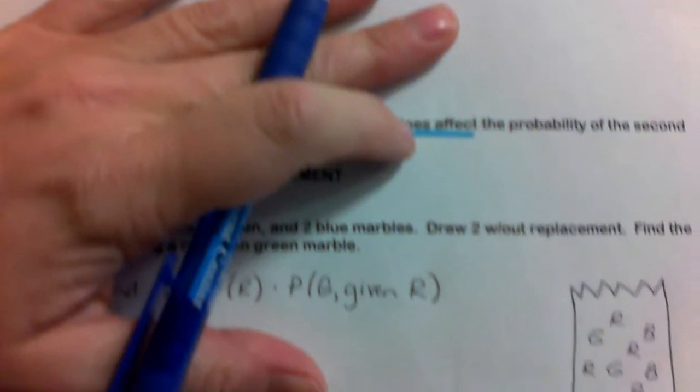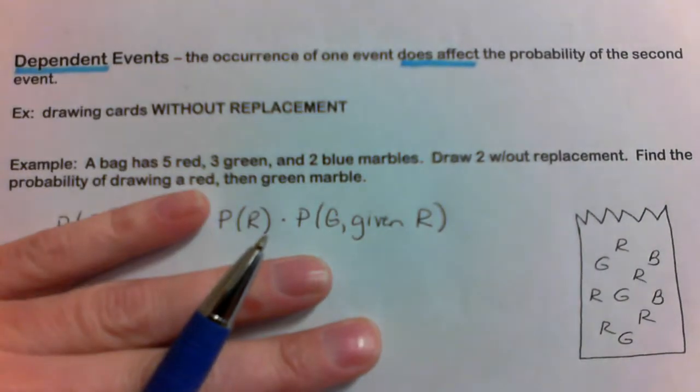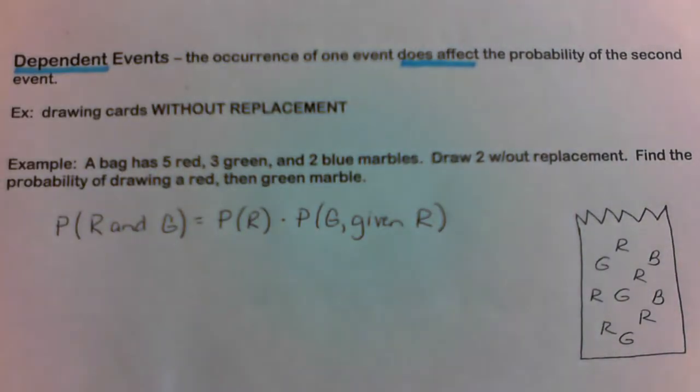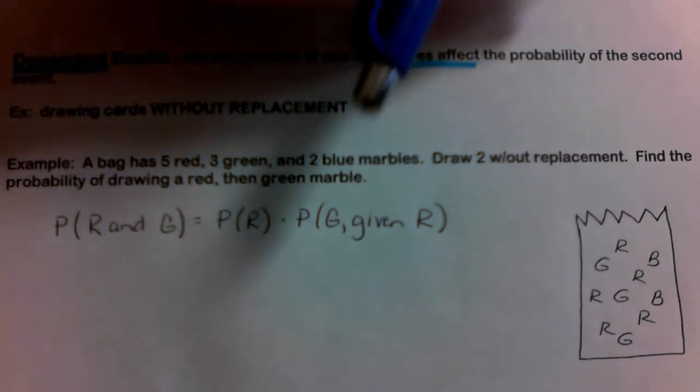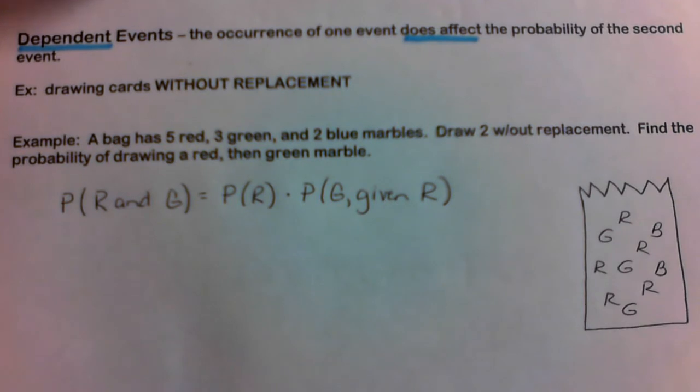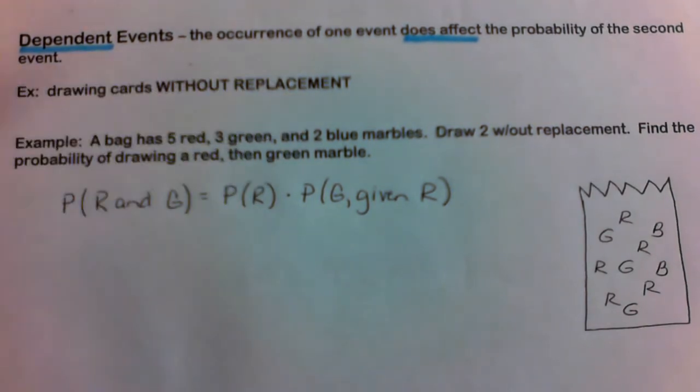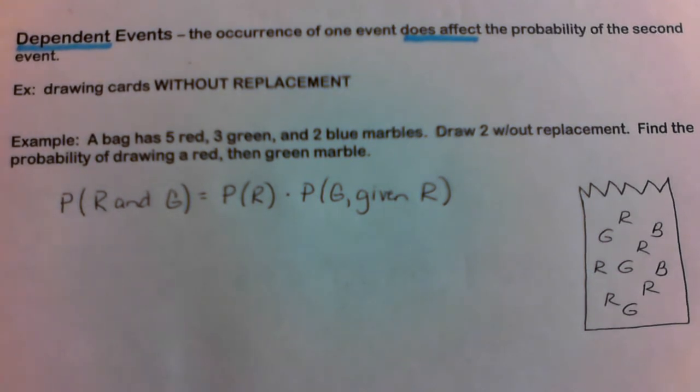Now, that's what we call independent, because what happened on the second event was not affected by what happened on the first event. Now, when they are affected, it's what we call dependent events, and this would be when there is not replacement, whether it be cards or any type of drawing that you do. So here we have an example.